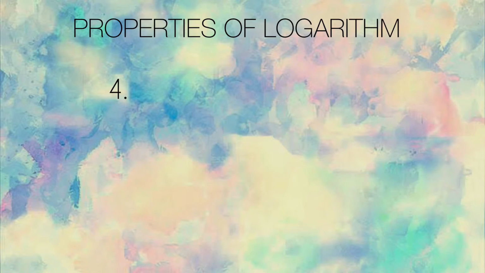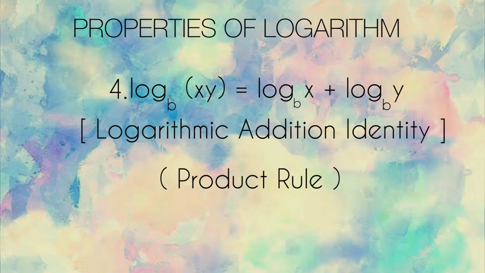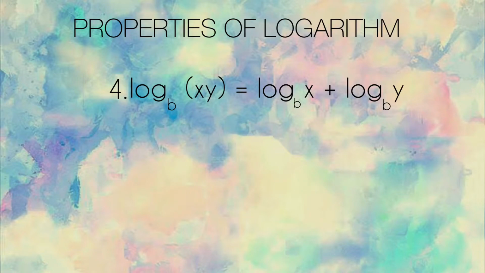Fourth property: logarithm of x times y base b is equal to logarithm of x base b plus logarithm of y base b. It is called the logarithmic addition identity. The base must be the same.